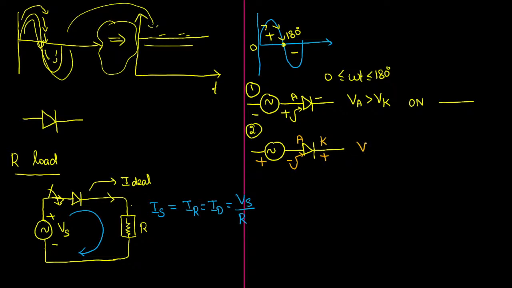If you observe now, the cathode terminal is carrying more voltage, so cathode voltage becomes greater than anode voltage. Automatically the diode will be turned off, and under this condition the diode is open circuited. So it blocks the supply voltage and does not allow it to go anywhere. In the first case it is short circuited, and in the second case it is open circuited.